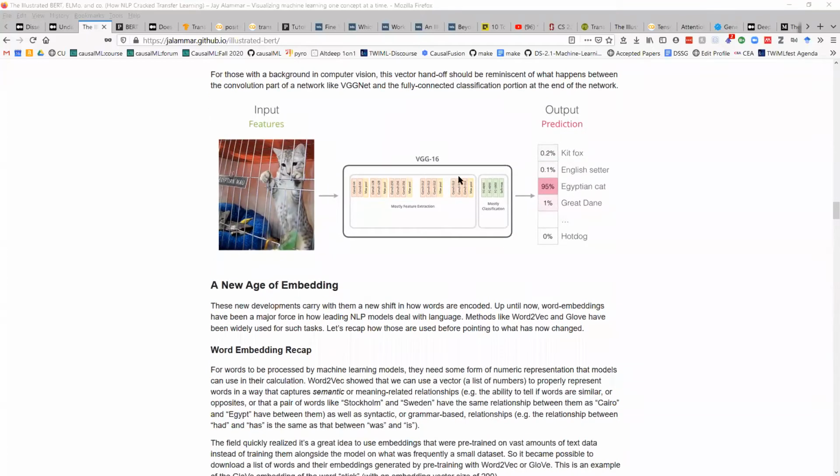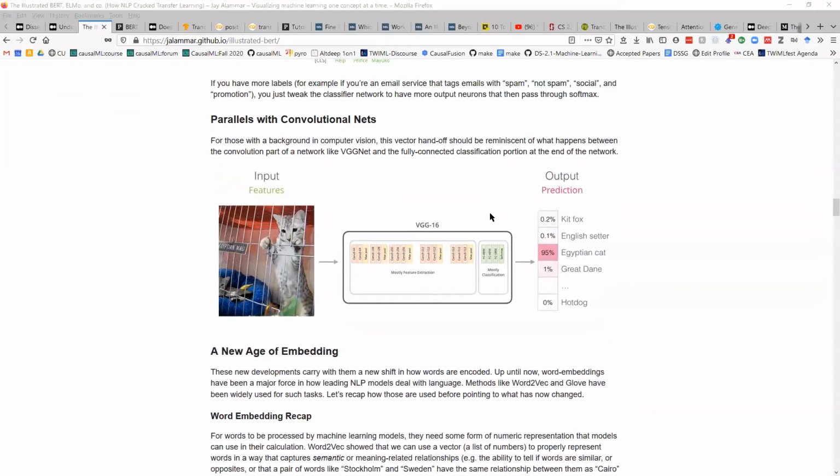It talks about this. We've already seen this, parallels with convolutional networks. We've seen that before, where you have a convolutional network, and then the last layer is a classification layer. So remember the FastAI dog and cat or dog breed classifier. It was the same thing.